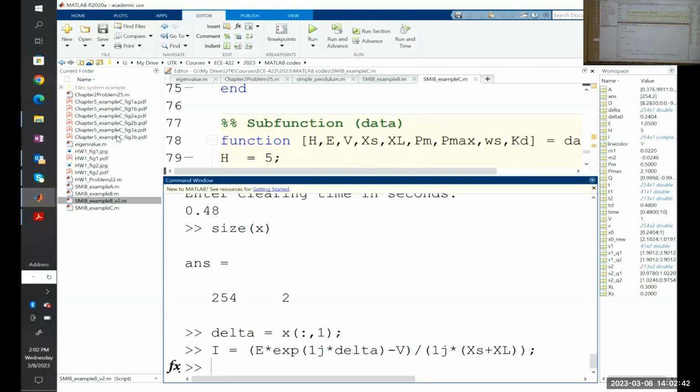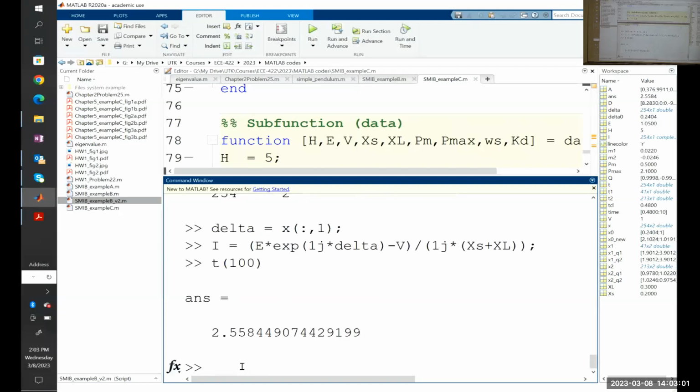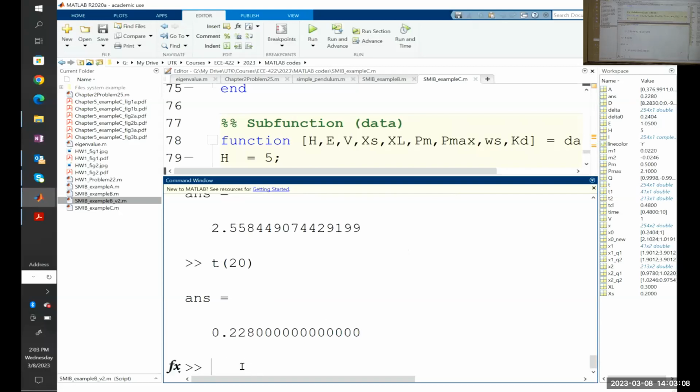But the current we are calculating is after we clear the fault. So we need to determine at what point in this vector we have the clearing time. We can try something here. The clearing time is much less, so it's hard to find it.